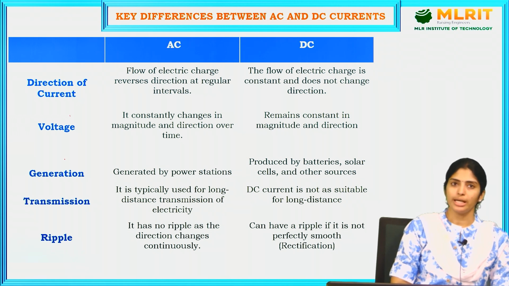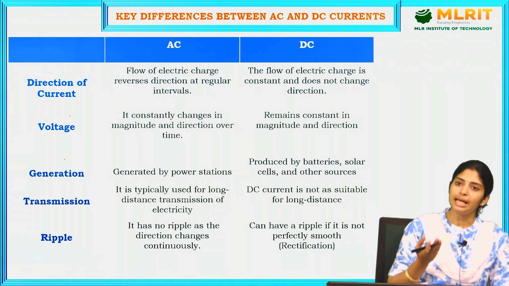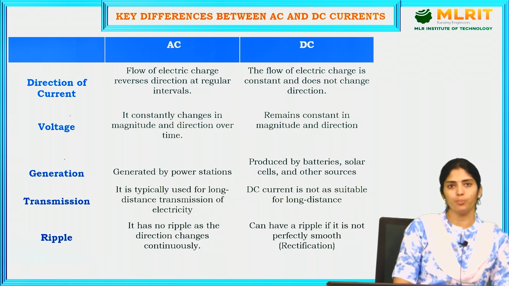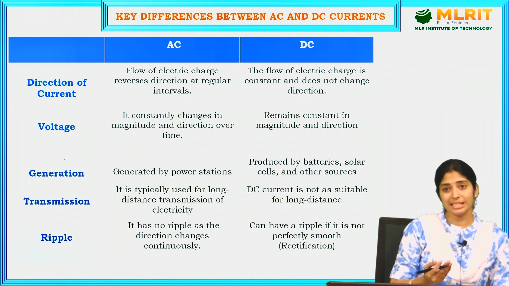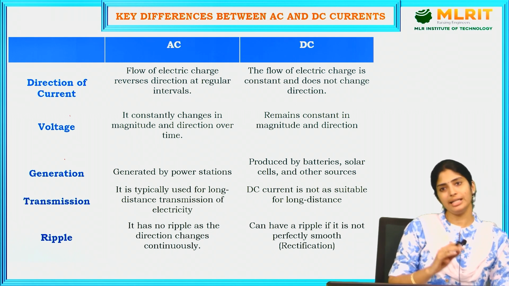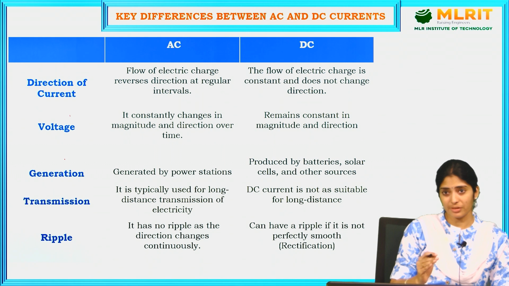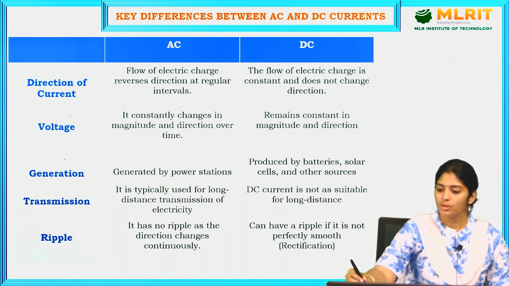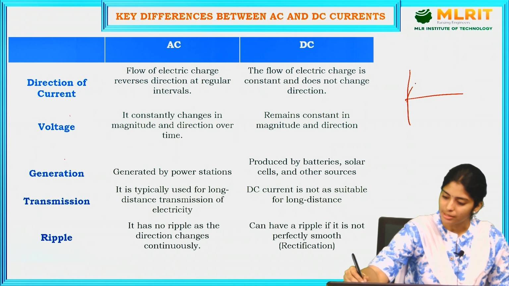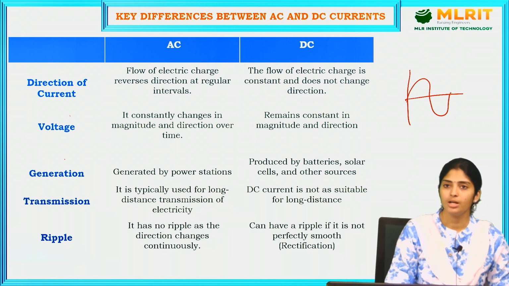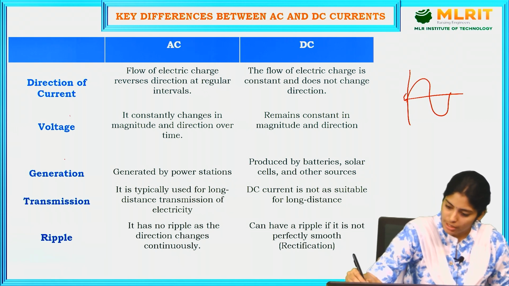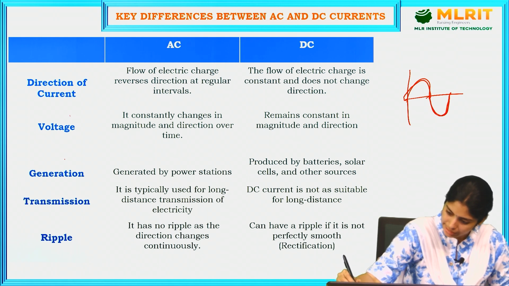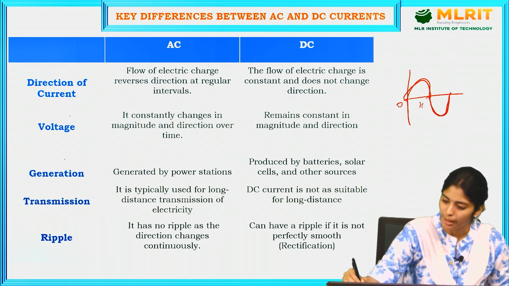Coming to the AC, how does the electrical energy flow? The flow of electrical charges will reverse at regular intervals, like 0 to pi, 2 pi, 3 pi. So the AC waveform will be like this. As we see here, the flow of charge reverses direction at regular intervals: 0, pi, 2 pi.